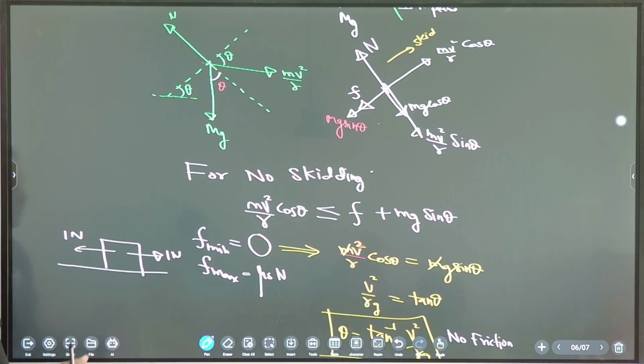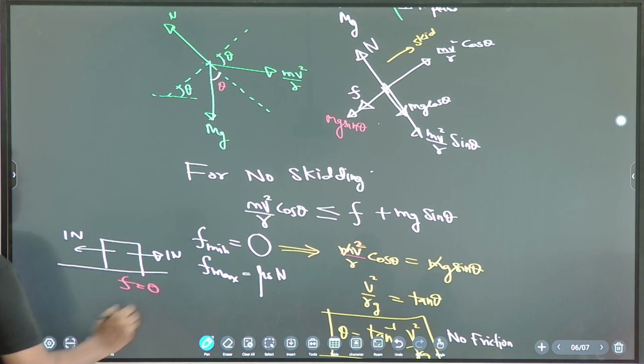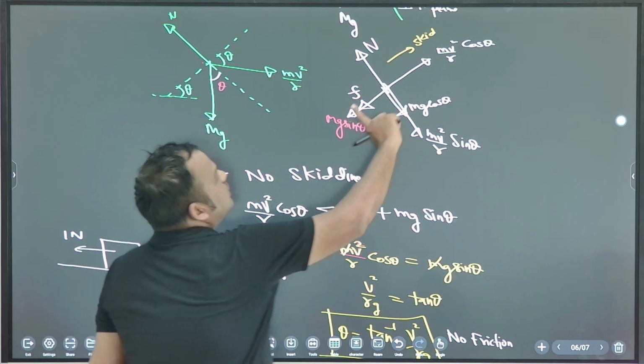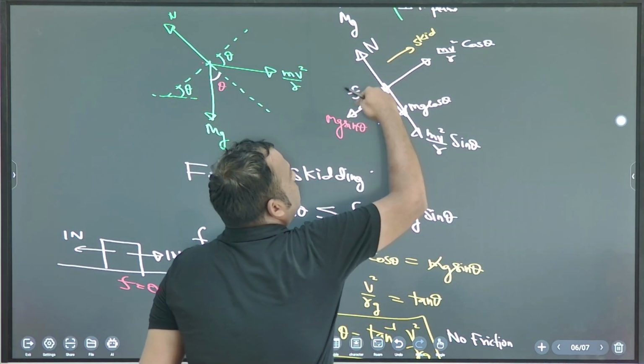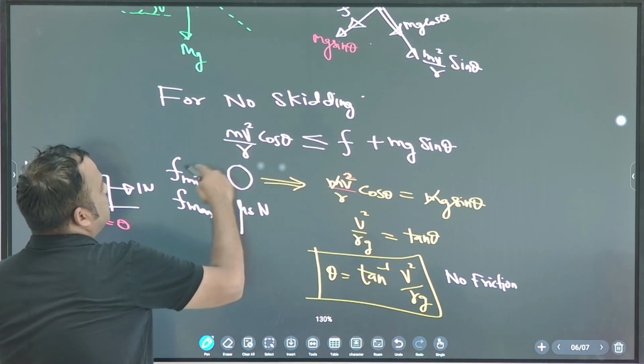Now how much friction? Now friction is 0 because there is no net external force. So when these two are balanced, friction is 0. Okay. So note down, friction is 0.